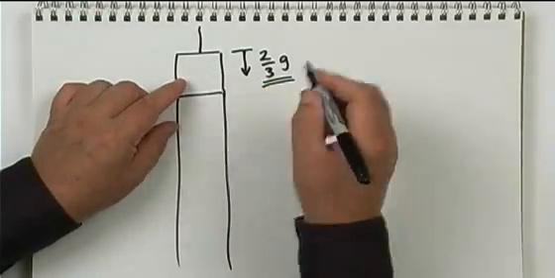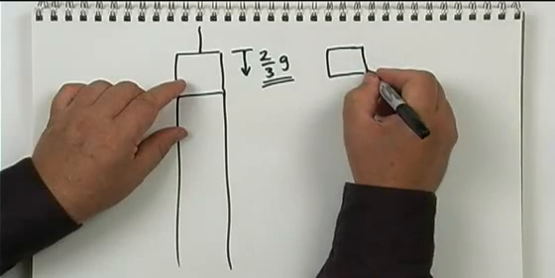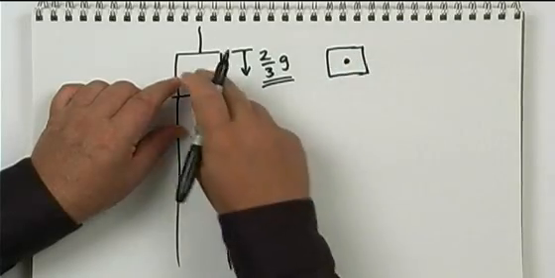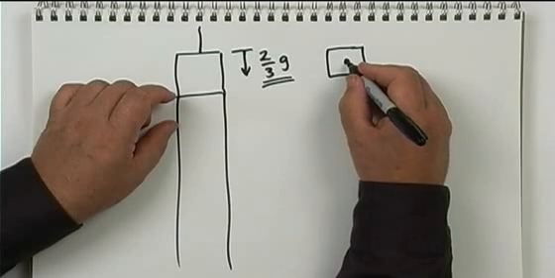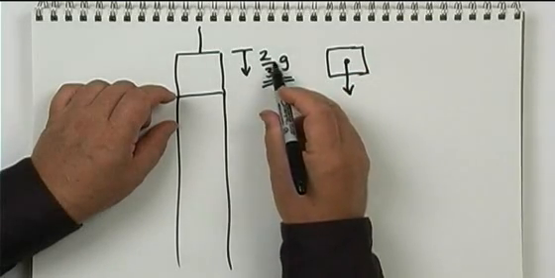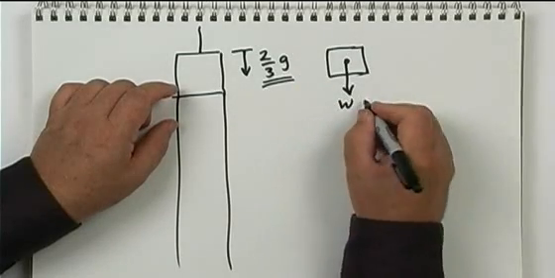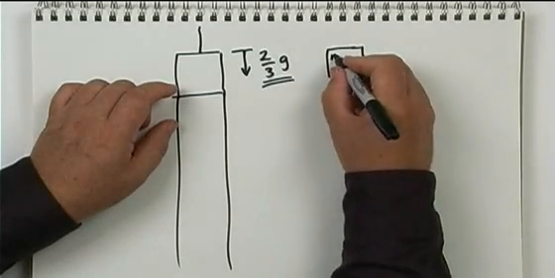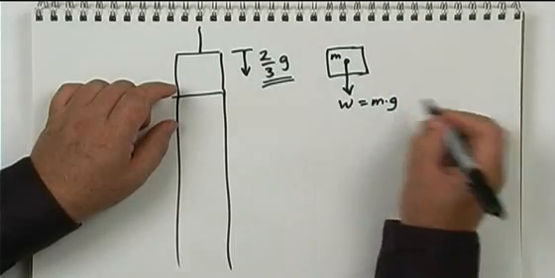So we do what's called a free body diagram when we're analyzing things in physics. So this is just the top section of the building. And let's look at the forces at work on the top section. We have gravity downward, which is the weight of the building, its mass, m, times the acceleration of gravity, g.